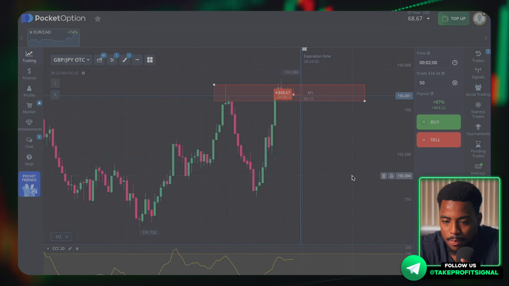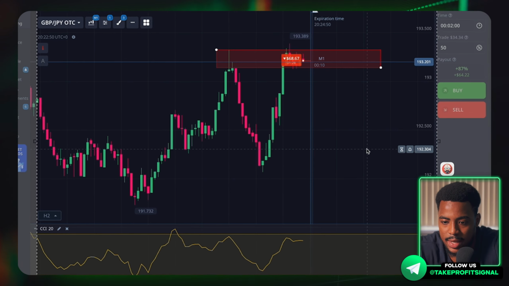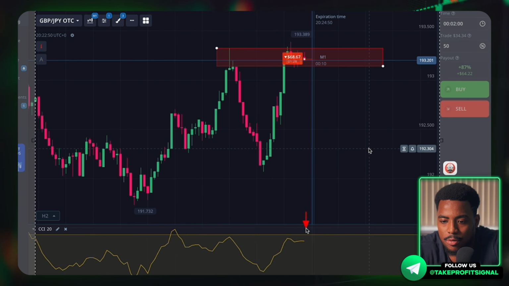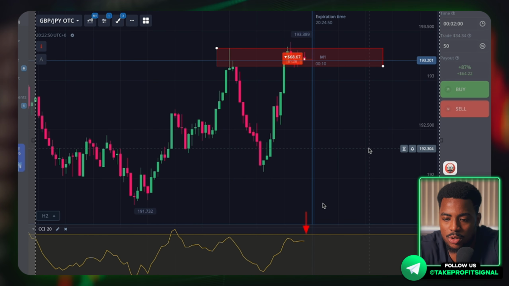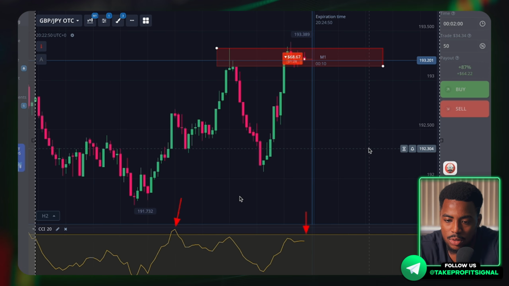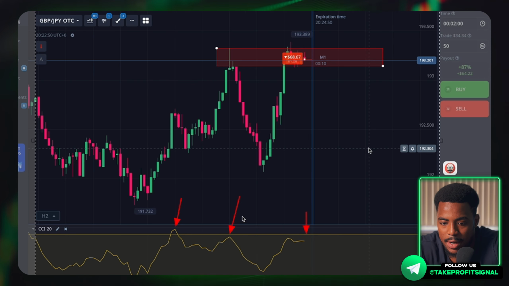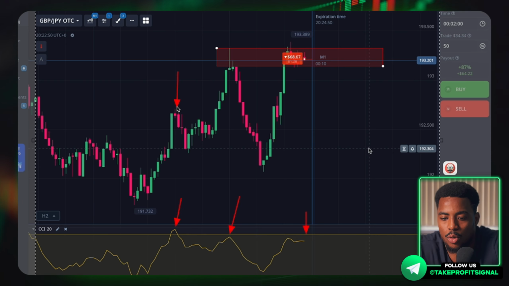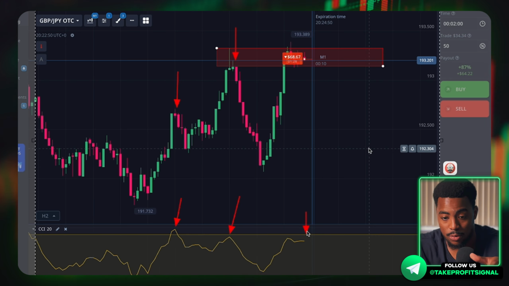At the same time, I am paying attention to our SSI indicator, and look, it's very close to the area 150. That is the last time we were at the zone 150. And even this time, when we were at the zone of 150, look at what was happening with our chart. It was going down.